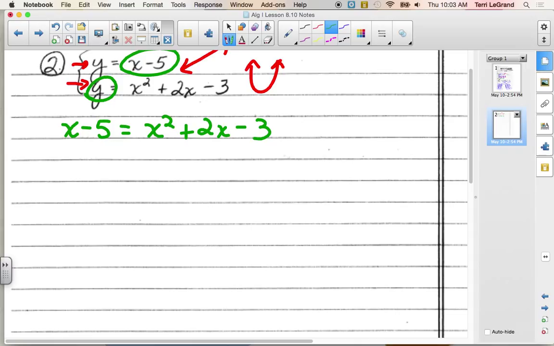If a is a +1, this is really x plus a -5, so we would subtract 5, subtract x, add 5. 0, x squared plus what? X plus 2. Okay.